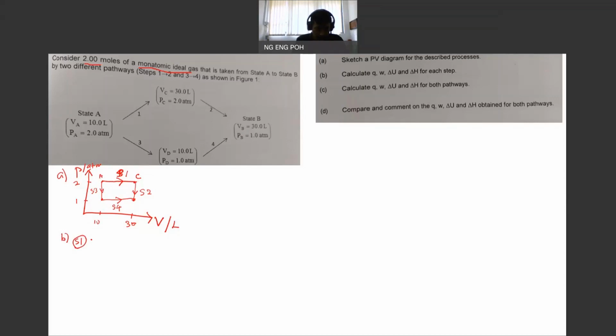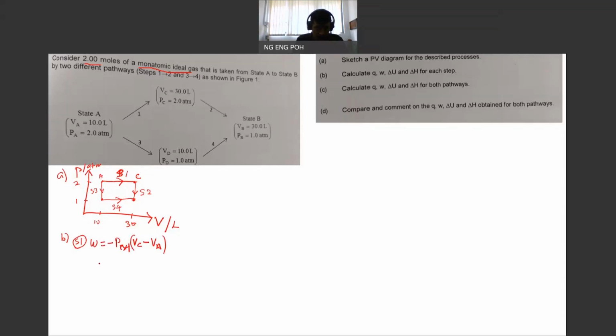So W equals minus P ext times Vc minus Va, so V2 minus V1.